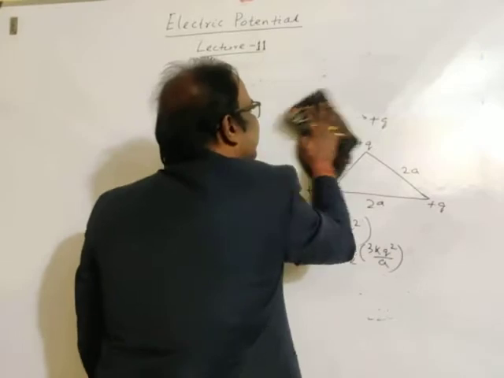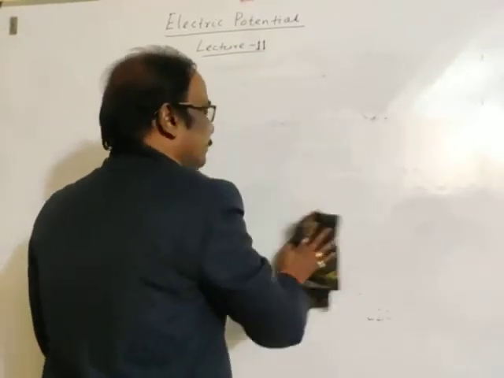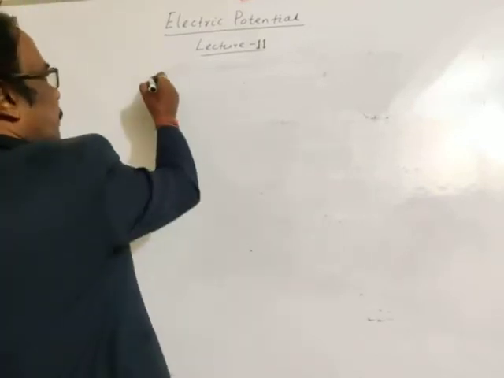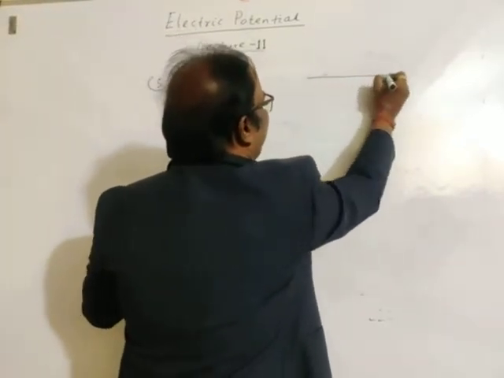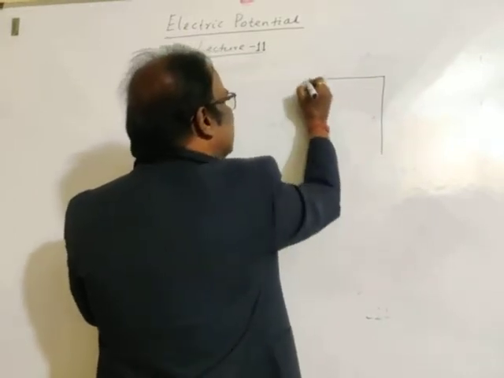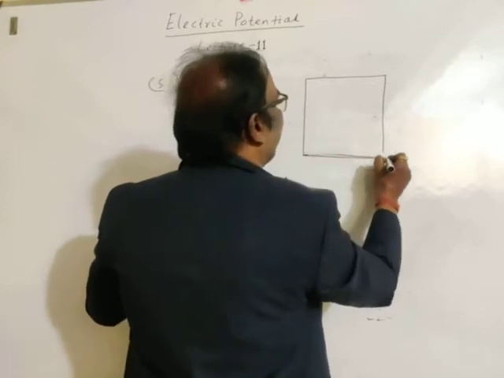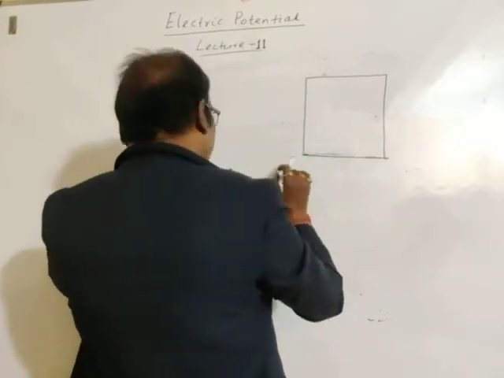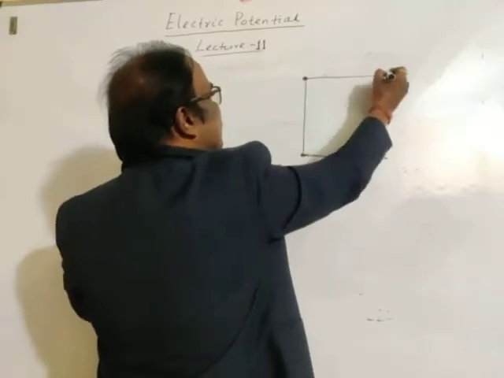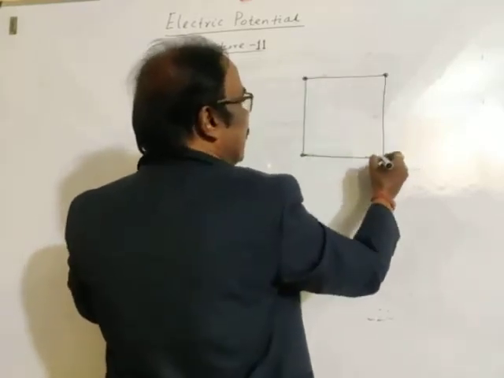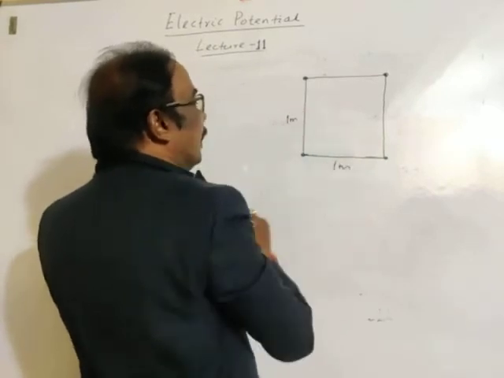Question number 5. I am showing you in the diagram. Let's consider this is a square. 4 point charges are at the corners of a square. Let sides are given 1 meter.